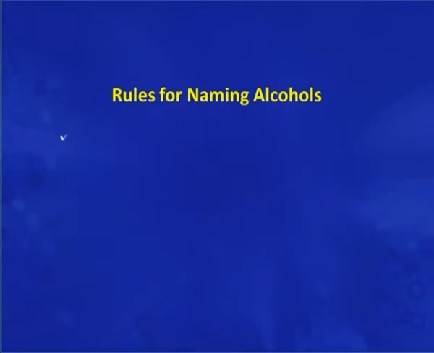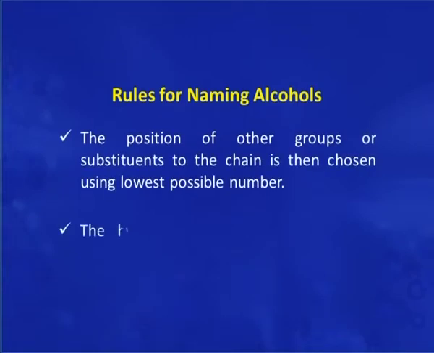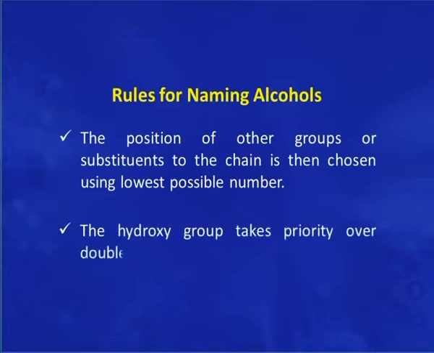The third rule is that the positions of other groups or substituents on the chain are then chosen using the lowest possible numbers. The hydroxy group takes priority over double and triple bonds. We will now discuss the rules of nomenclature with the help of some examples.